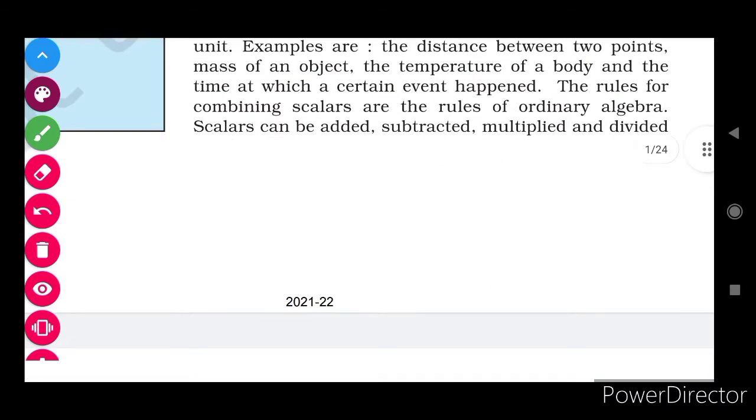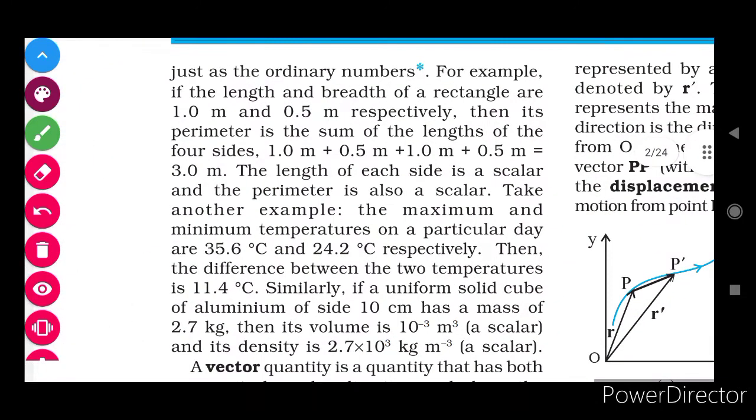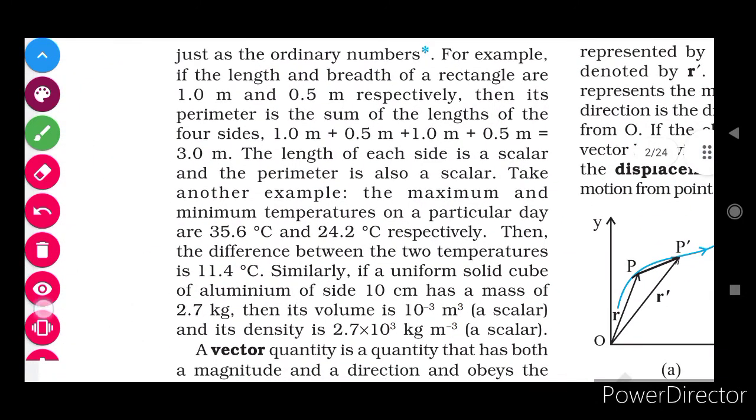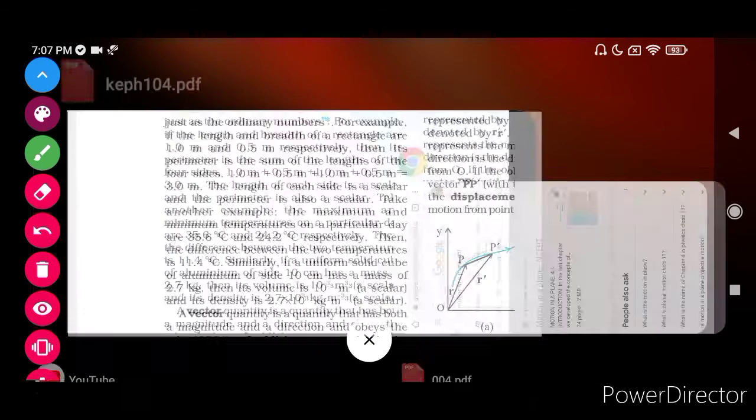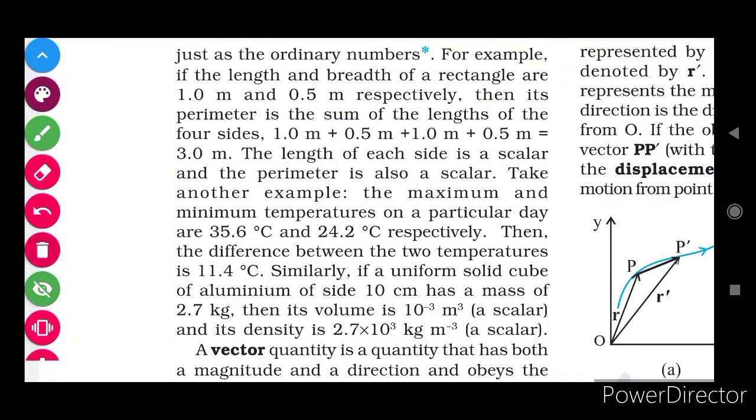Scalars can be added, subtracted, multiplied and divided just like ordinary numbers. For example, if the length and breadth of a rectangle are 1 meter and 0.5 meter respectively, then its perimeter is the sum of the lengths of the four sides. So you know how to do this.